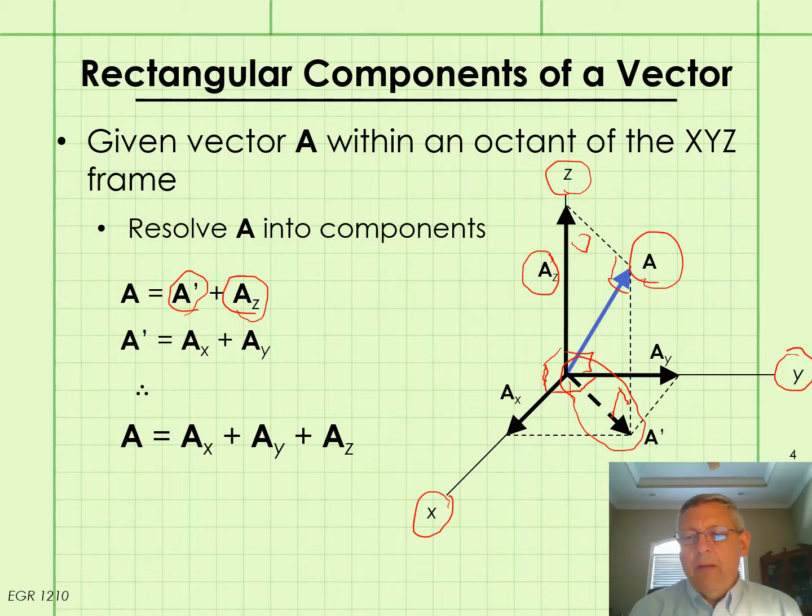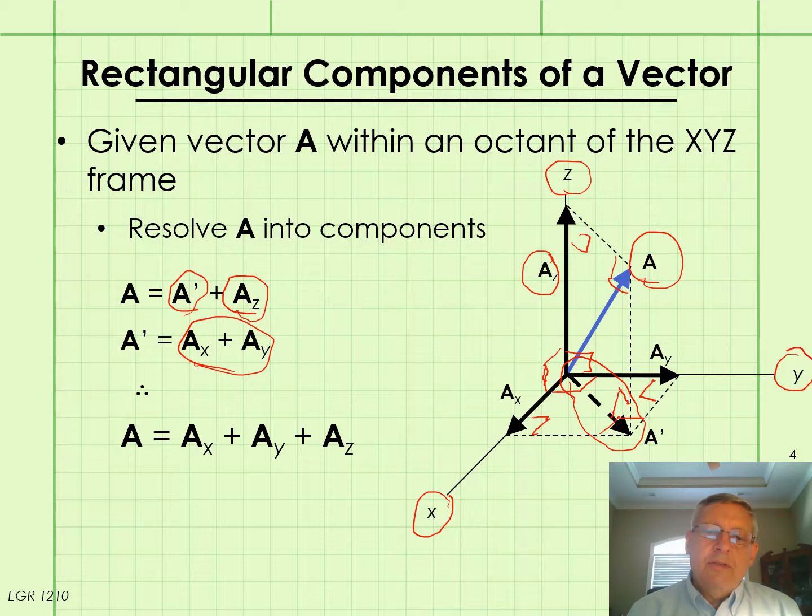So again, remember that these are right angles, and A prime's components are its rectangular components along the x and y axes, or A x plus A y.